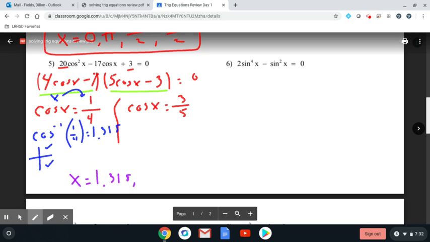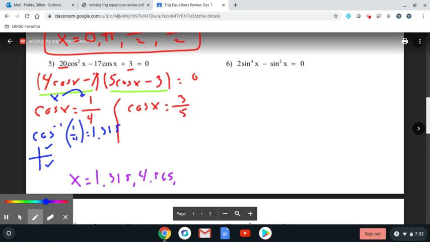So you have to take 2 pi and subtract your reference angle from it. So 2 pi minus 1.318 is going to give you 4.965. Okay, so those are the two answers from your left side.